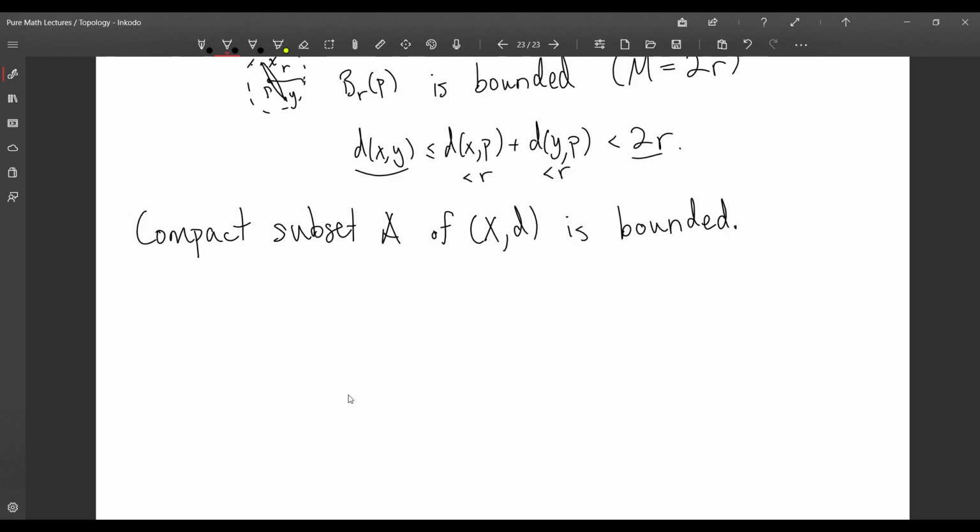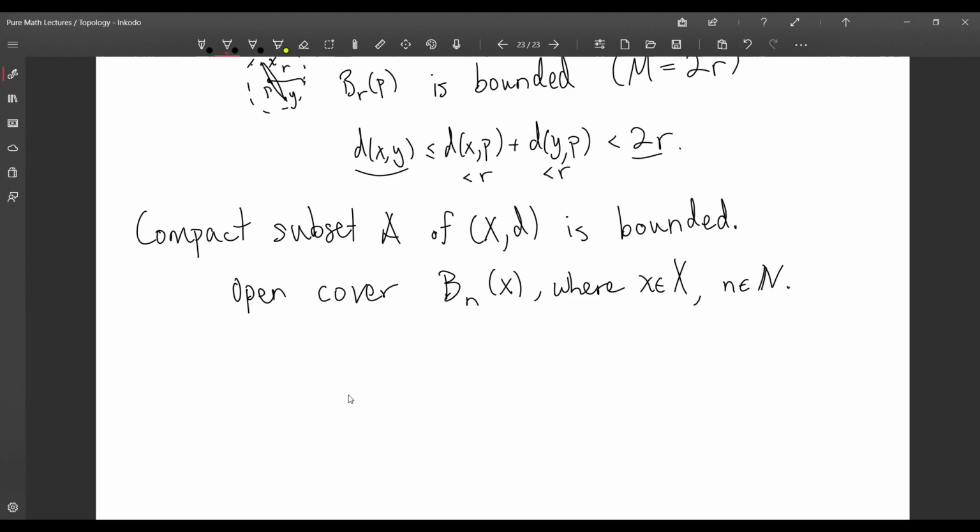You can essentially just take an open cover, B sub n of x, where x really can be just any point, and n are all the natural numbers, right?